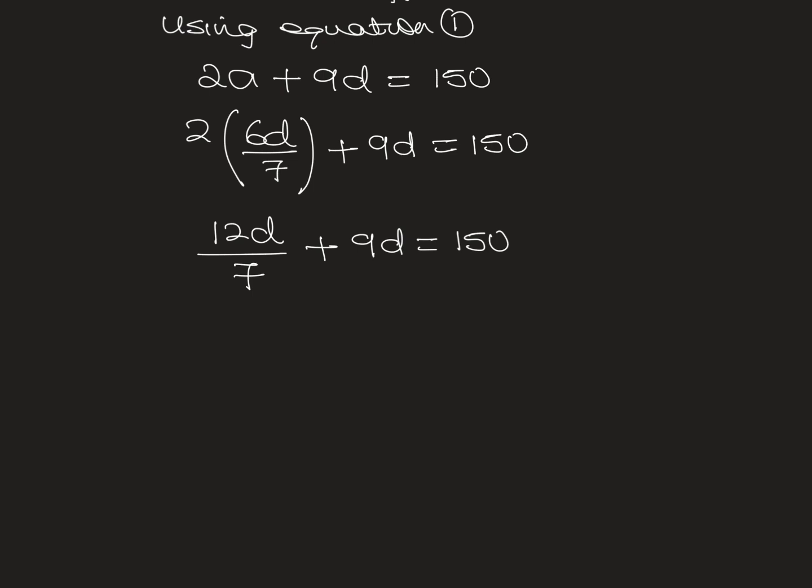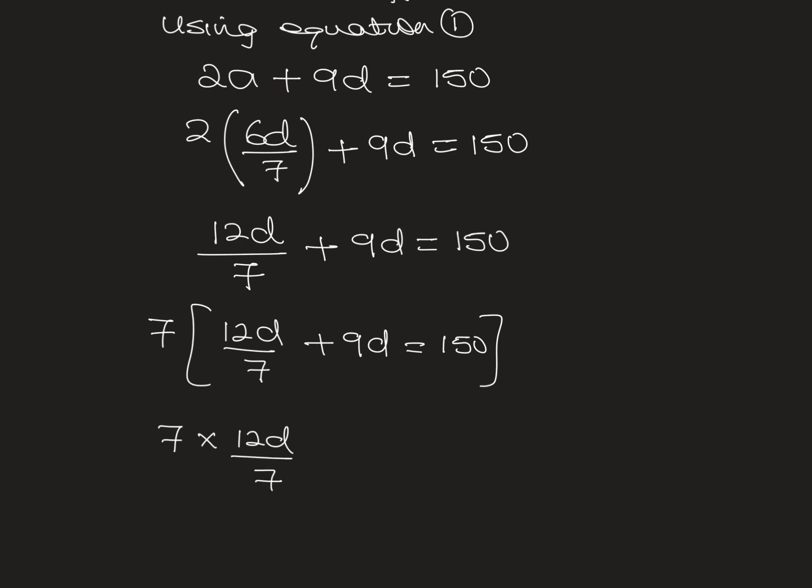If I want to make this equation more linear, I can just multiply everything by 7. That will be 7 times 12d over 7 plus 7 times 9d is equal to 7 times 150.